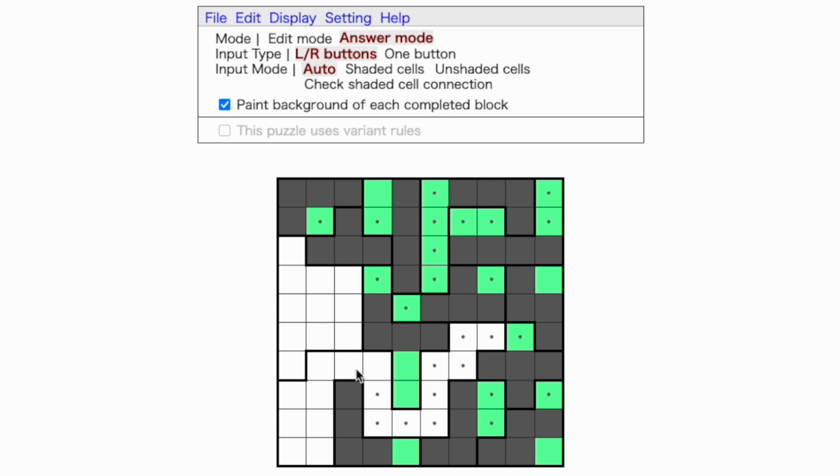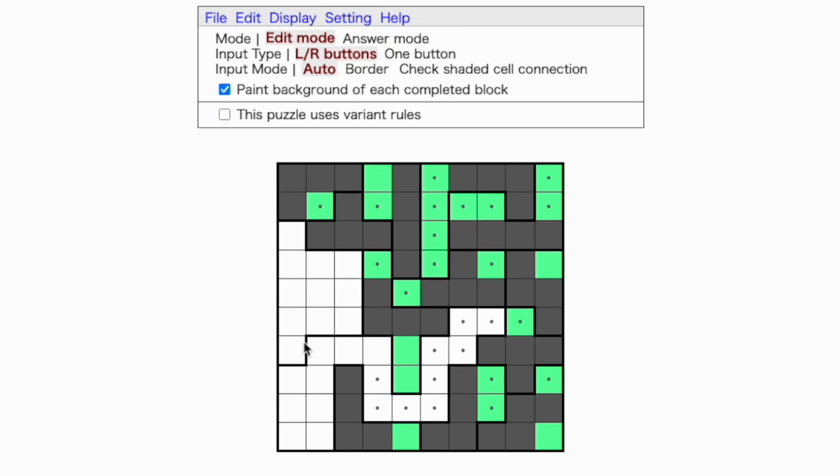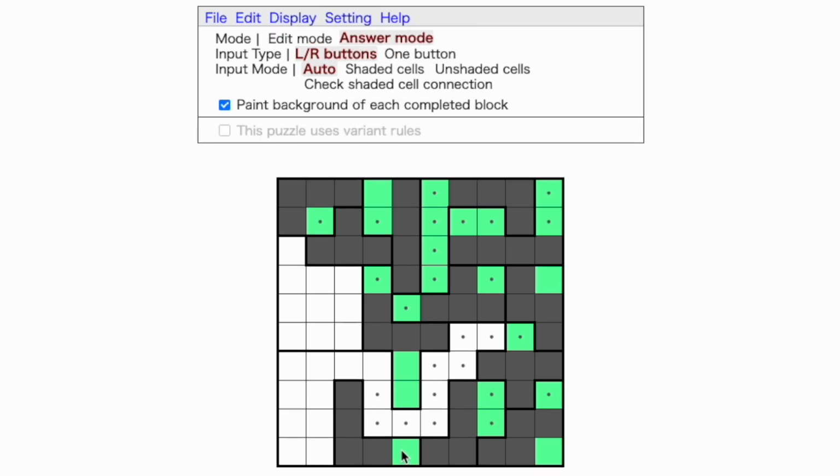Yeah, because if we, let's say we increased that just a little bit. Now we could do that shape, and all we have to do is connect these two. Yeah, that's the problem.